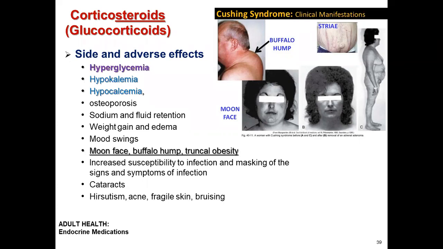So if you see a patient develop Cushing syndrome as a side effect of steroid, we need to isolate the patient, meaning give them a private room. Okay. It is also important to never abruptly stop taking the steroid. It is very important to educate our patient.